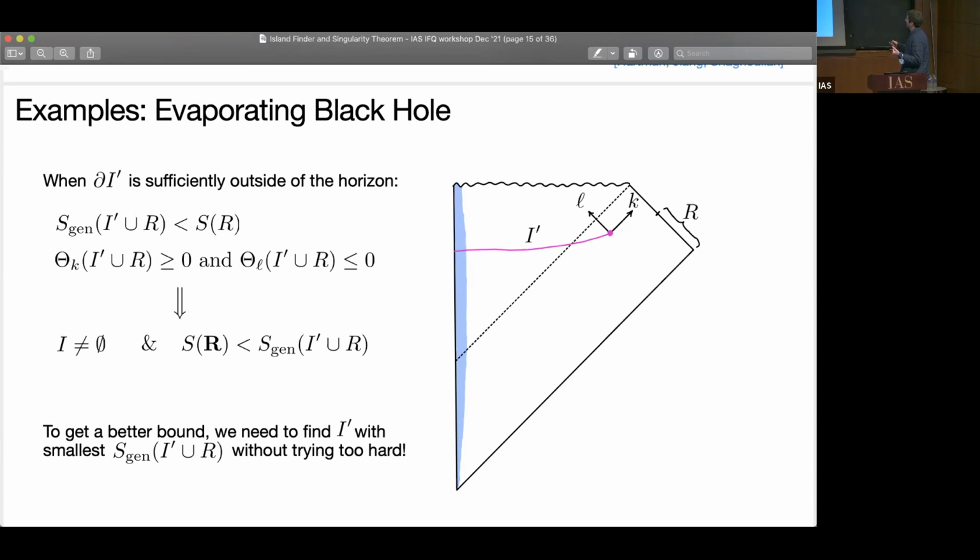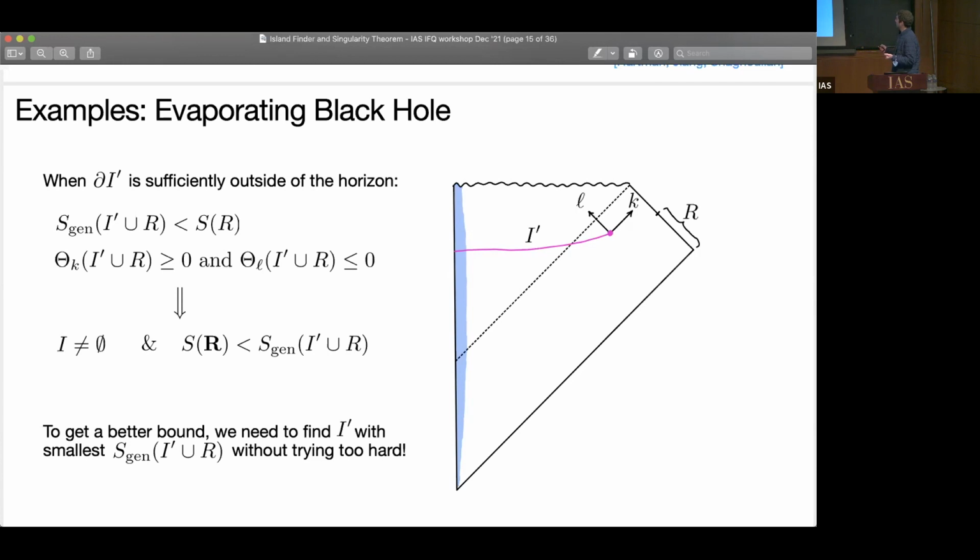A bit outside of the black hole, the classical terms would dominate. So theta K and theta L would just be dominated by the classical values, which is just the statement that the variation of the area in this direction is positive and in this direction is negative. That's one way to satisfy these conditions, and that implies the existence of islands, subject to the assumptions.